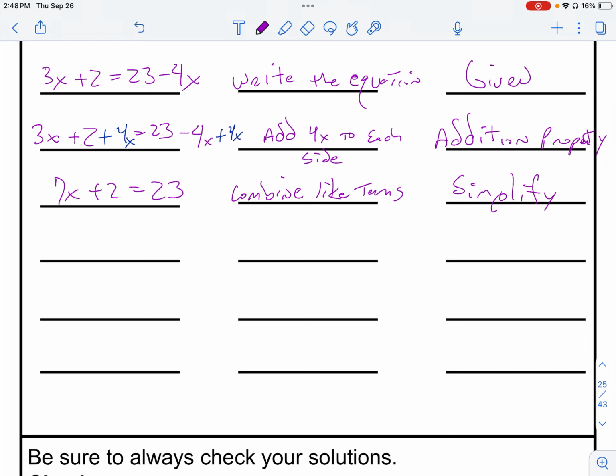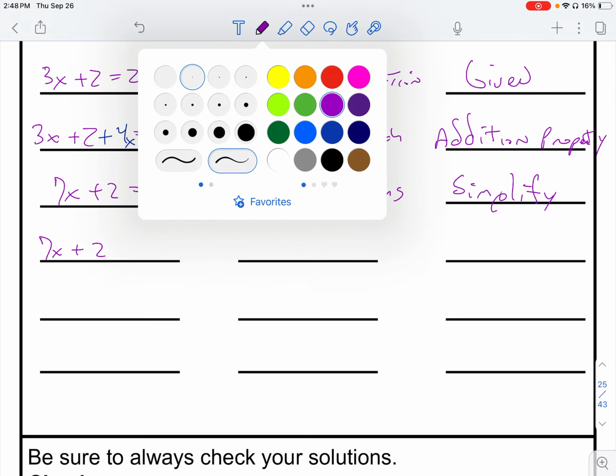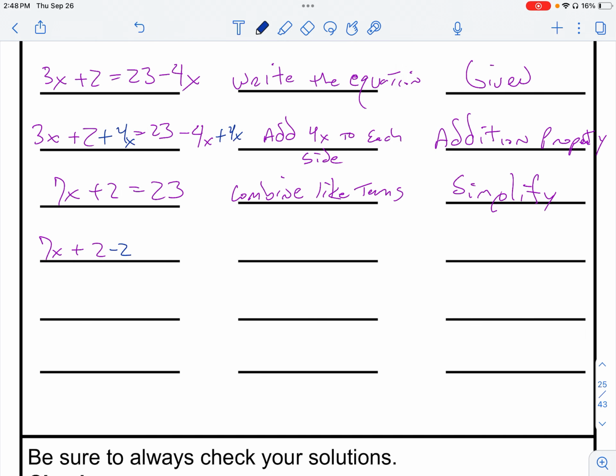Well, we want the x by itself, right? So we go 7x plus 2 minus 2 equals 23 minus 2.